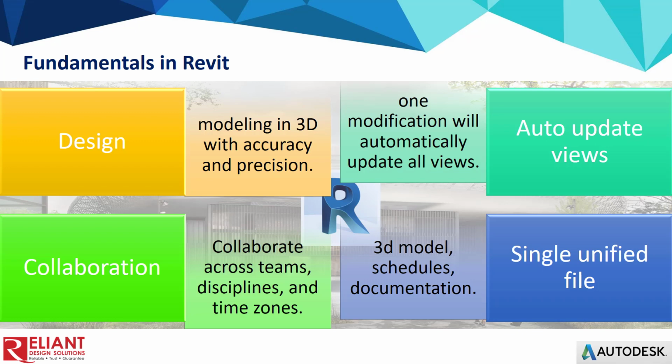Last one is single unified file. It includes a 3D model, schedules, and also documentation. The reason why we call the Revit project file a single unified file is because of its capability to store information of your building design in it.